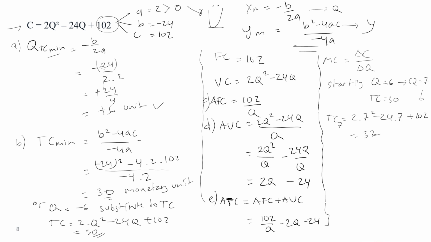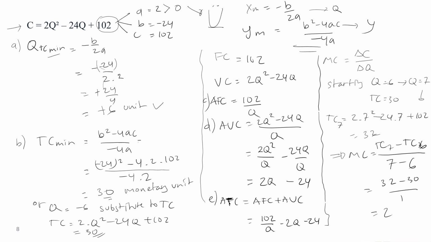So the marginal cost at this moment is delta TC, it means TC7 minus TC6 over Q7 minus 6. So this one is 32 and this one is 30. It is 2 monetary units.